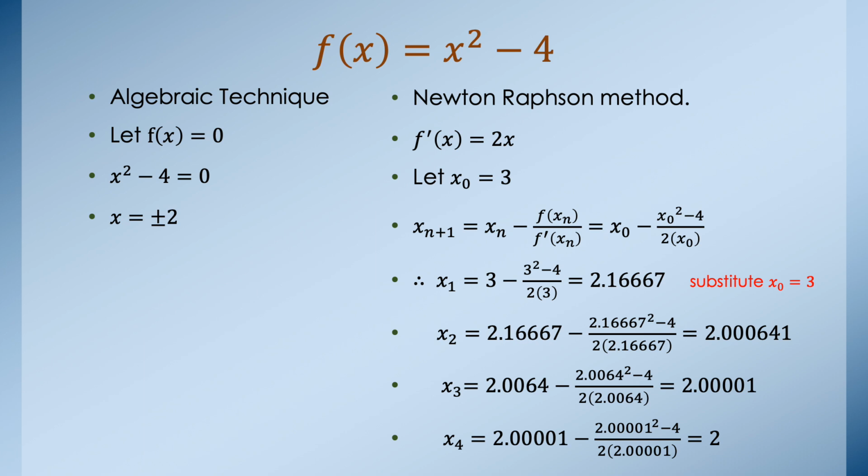We have x equals plus and minus 2. We obtain a positive root 2 and a negative root, negative 2.